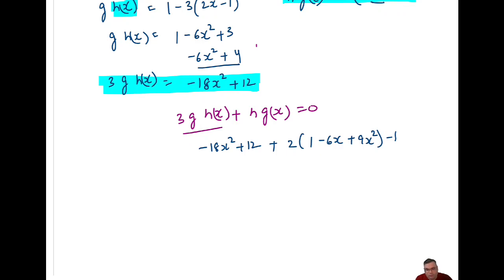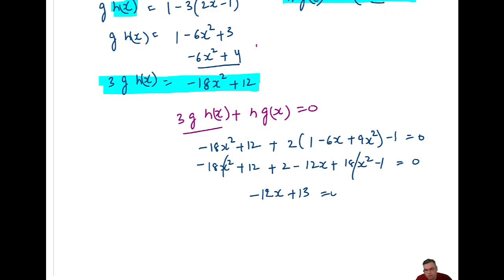Now when we solve it further, this becomes minus 18x squared plus 12, plus 2 minus 12x plus 18x squared minus 1. So 18x squared and minus 18x squared cancel. Our final answer is minus 12x plus 13, and this equals zero, right?